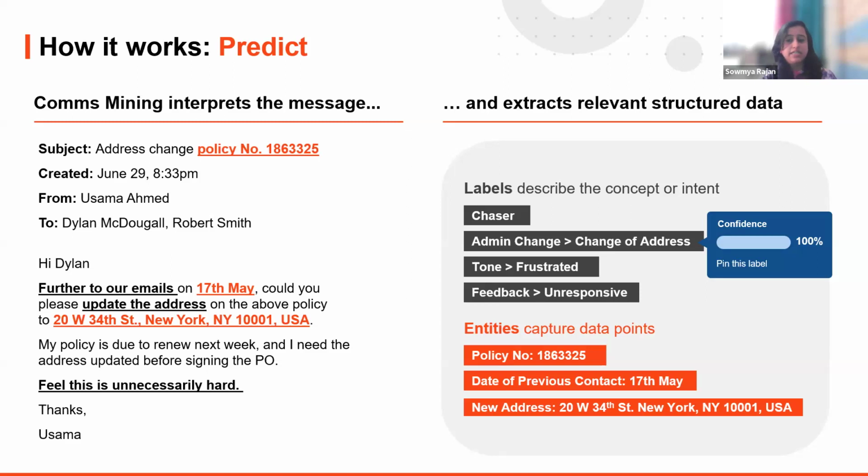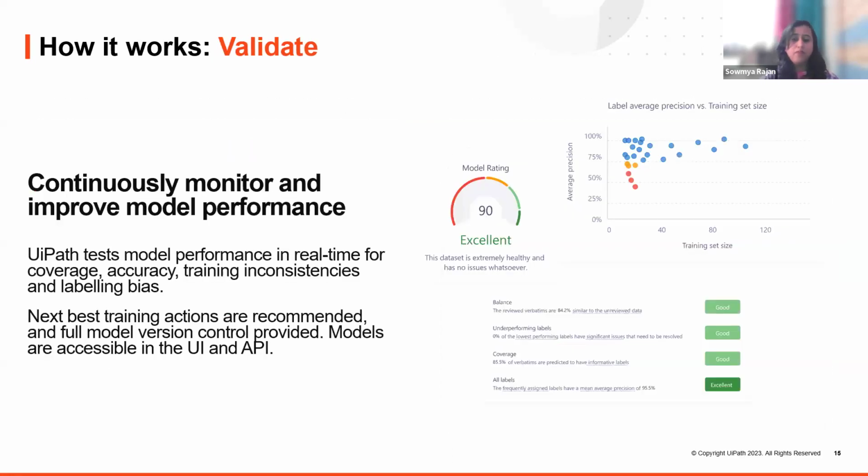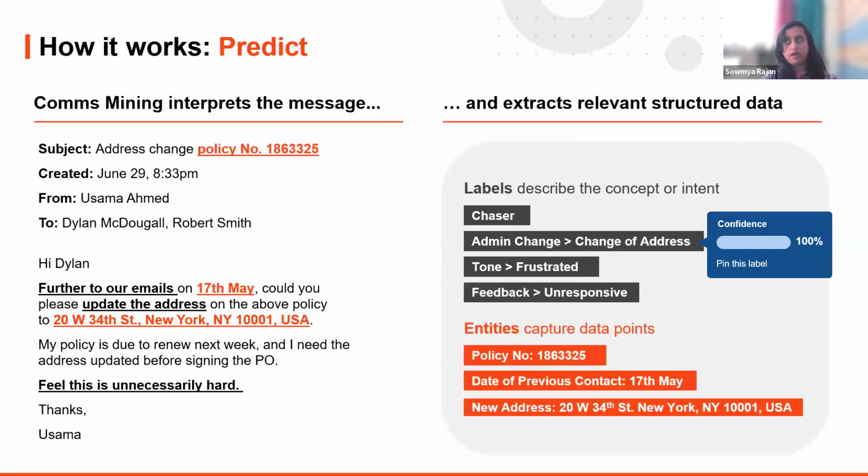If you want to extract entities like policy number, date, or address, these can also be extracted from these emails. And these data points can be used for different purposes like RPA or MIS, or however the business wants these structured data to be used.